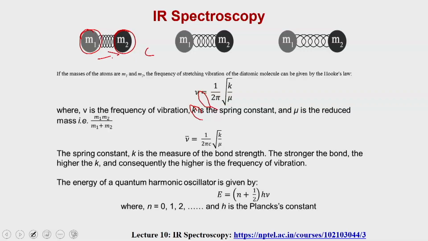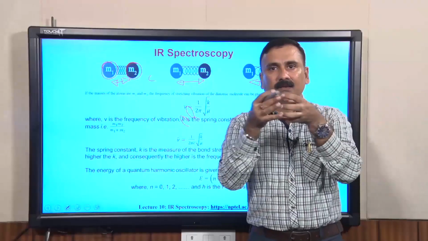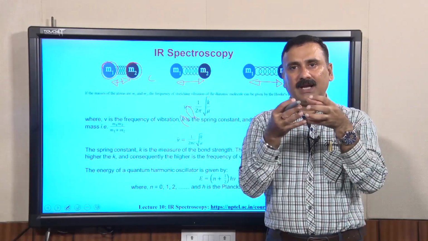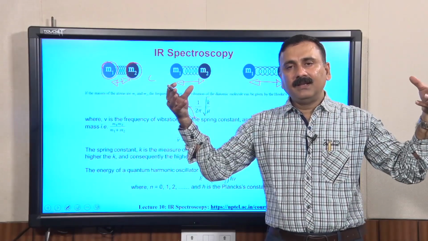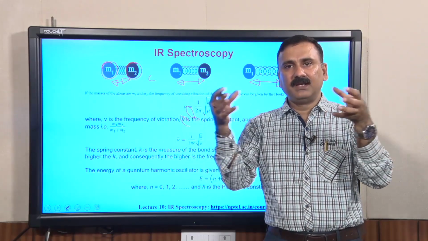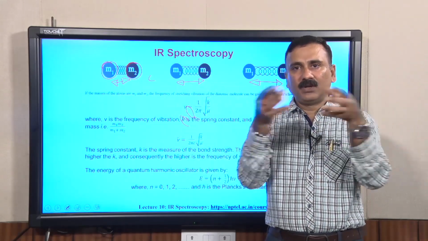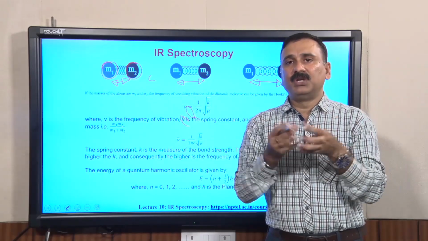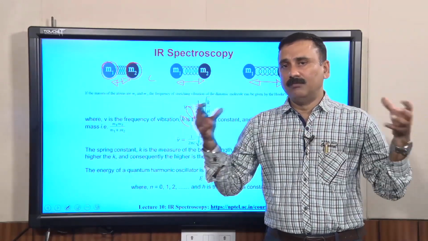When they are very close by, they can go far away, and you can see that the spring is getting stretched, and then they can come together because of the tensile strength. Because of this motion, there is some vibrational energy associated with this movement.